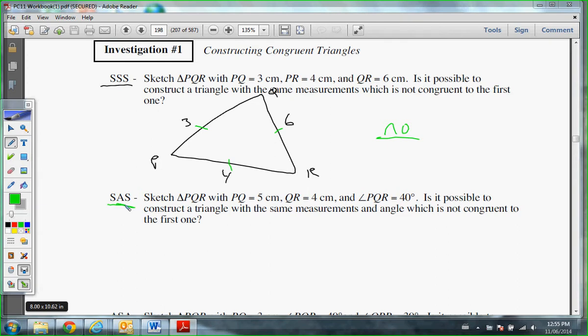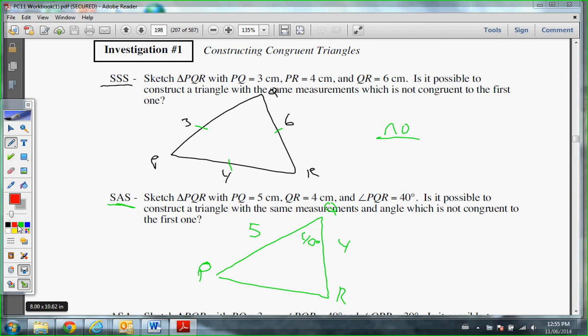Okay, so if I'm doing side, angle, side here, let's just draw another P, Q, R. PQ is 5, QR is 4, angle PQR is 40. What I like to think about, like I told you last one, is how many sides does it have locked in.